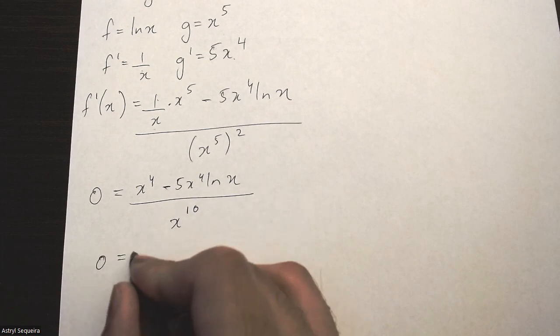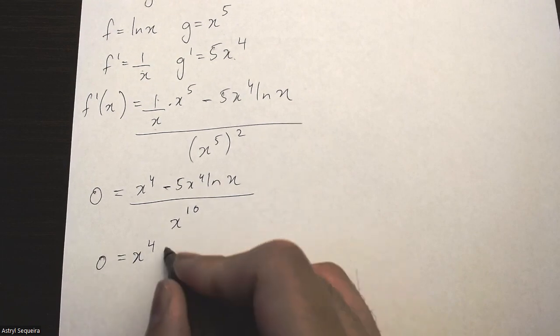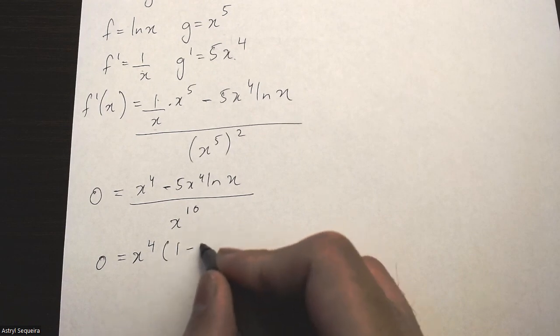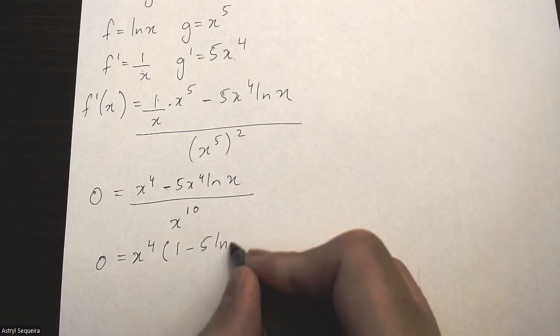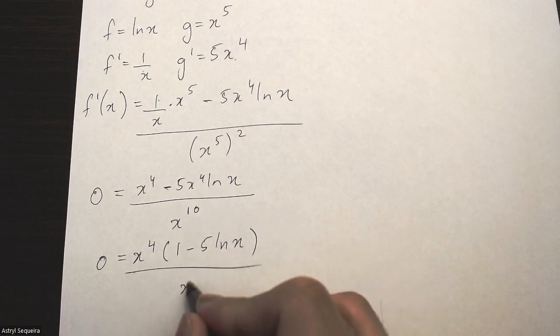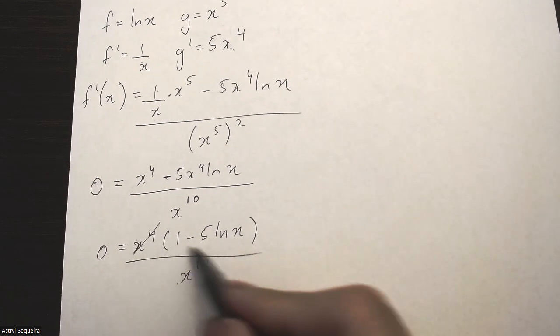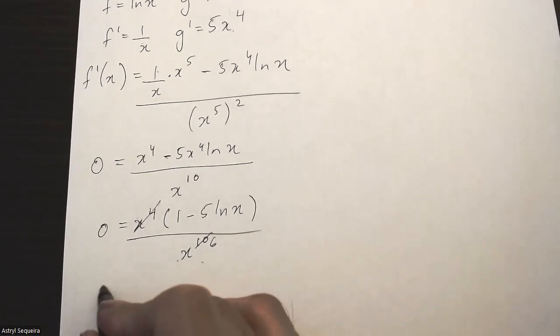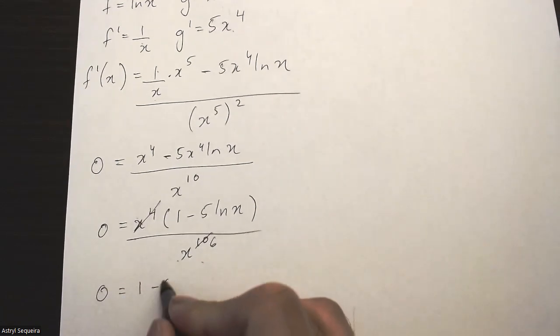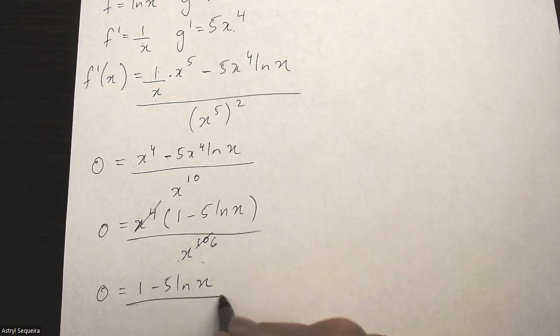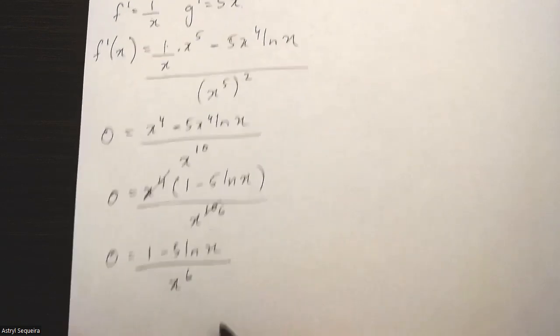So 0 equals x to the 4, 1 minus 5 ln x divided by x10. Then I can simplify these two and cancel this and turn this into a 6. So 0 equals 1 minus 5 ln x over x6.